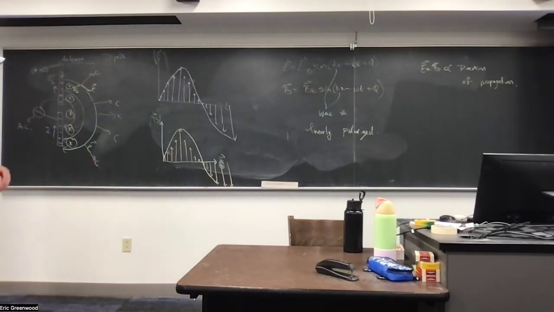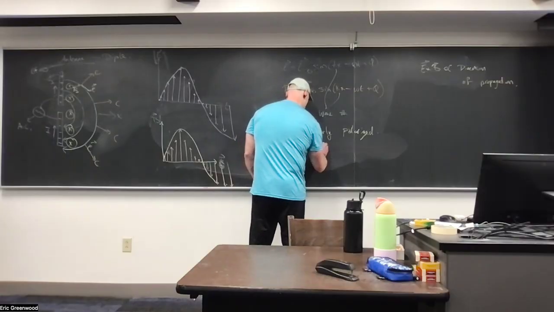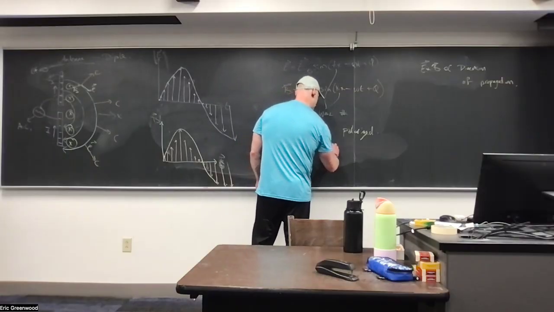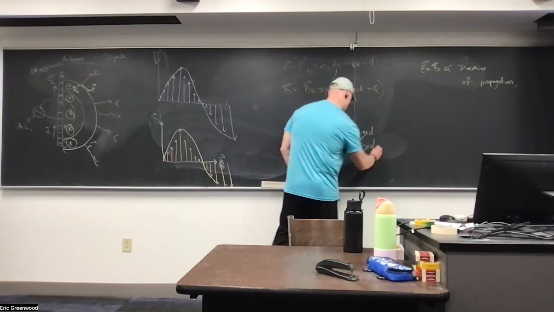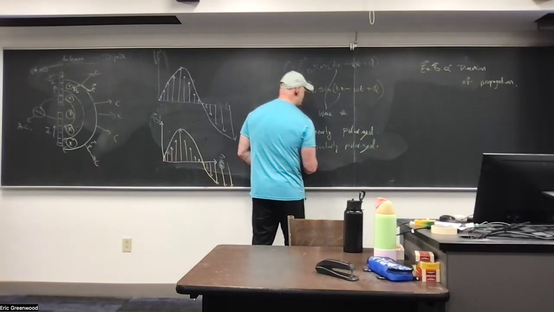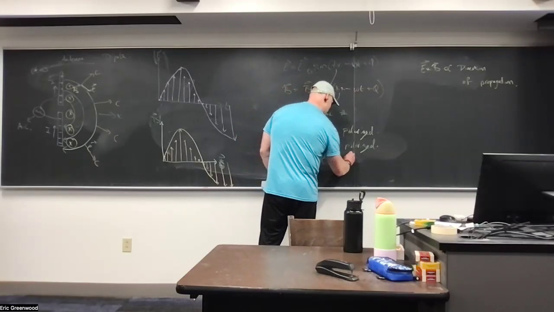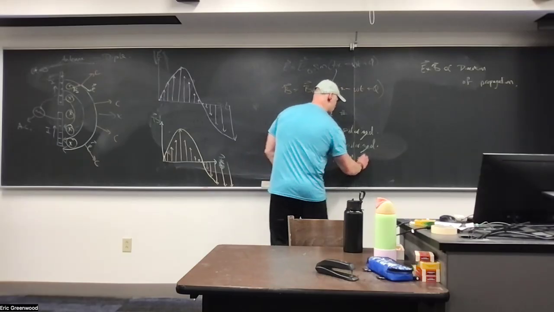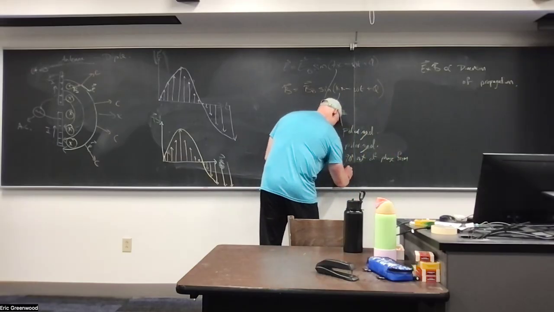Now, this is not the only type of wave we can have. We can have also what's called a circularly polarized wave. In that case, what happens is that they're 90 degrees out of phase from each other. So the electric field is 90 degrees out of phase from the B field.